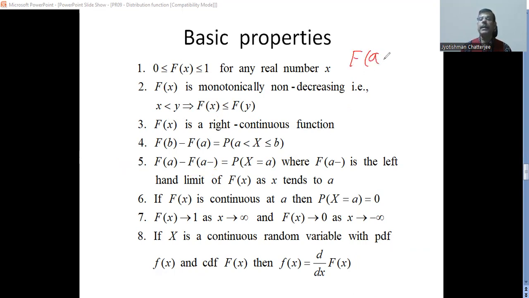F of A minus means the left-hand limit of the function F at the point A. That's the meaning of this thing. When we take F A minus F of A minus, we must get the probability of X exactly equal to small a.